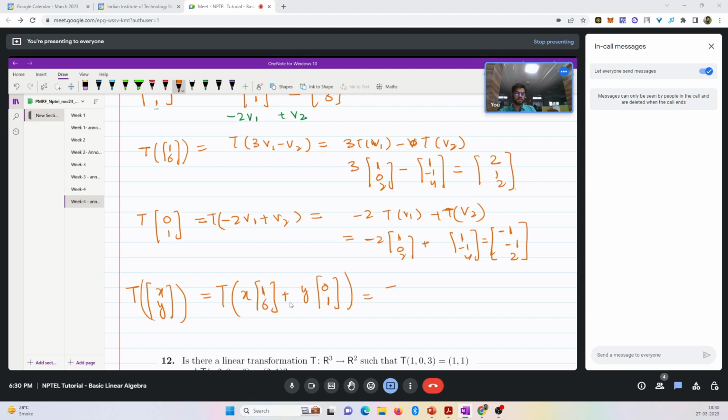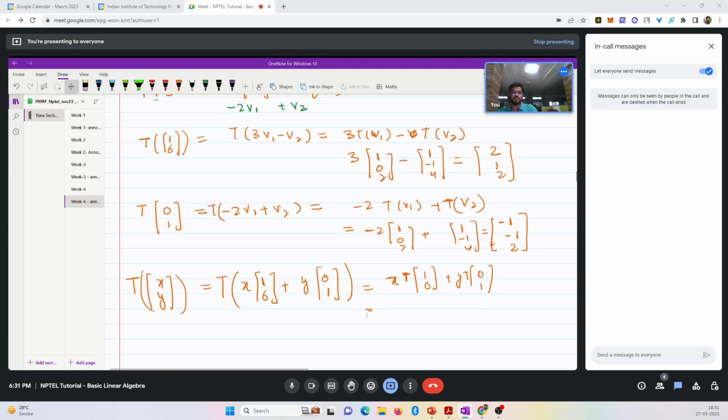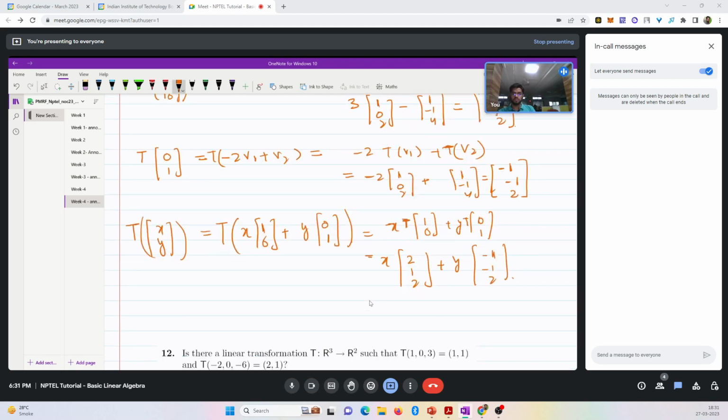So what is it? x times T(1, 0) plus y times T(0, 1). This is x times (2, 1, 2) plus y times (-1, -1, 2). So what do we obtain?